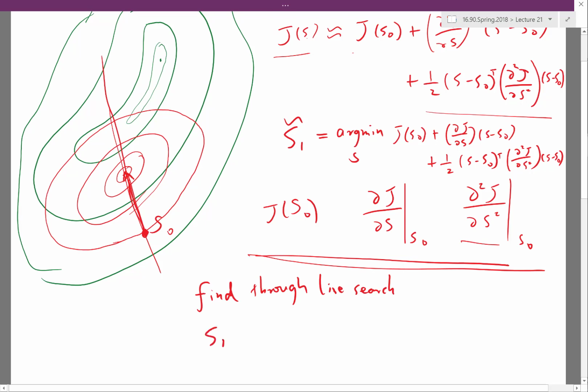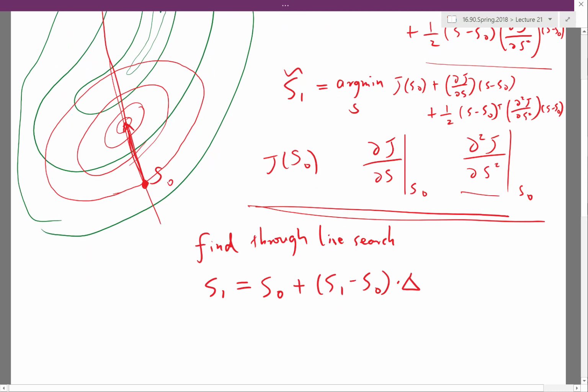My S1 is going to be my S0 plus S1 tilde minus S0, which is the direction, times a scaling factor, let's say delta, and the delta actually minimizes the J at S1.